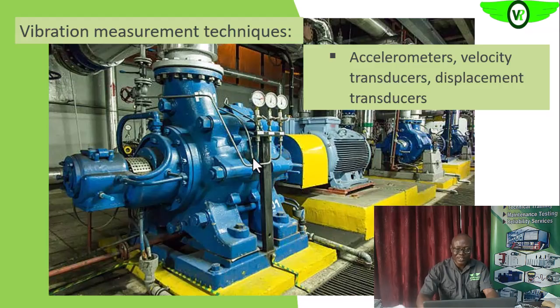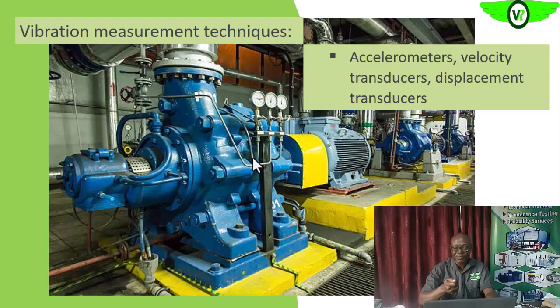We've talked about the accelerometers, the velocity transducers, and displacement transducers. When you want to collect amplitude information, one-off vibration events, and what have you, the displacement transducers will give you good information. Most of the handheld vibration meters have displacement transducers in them.